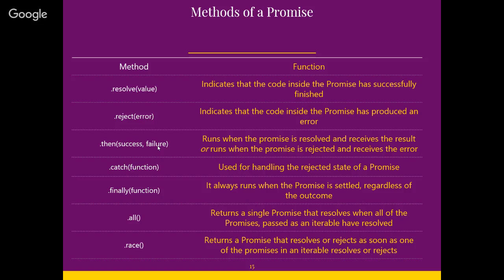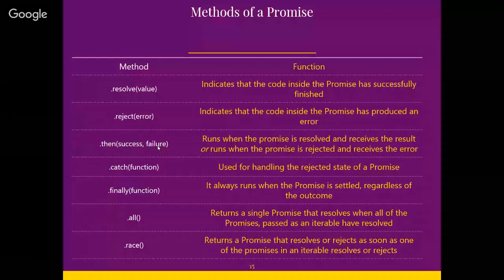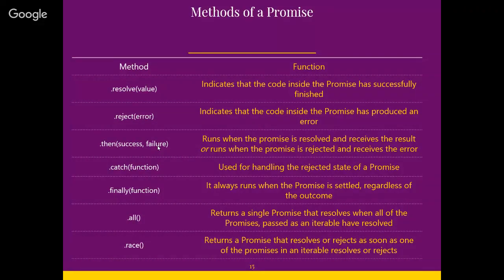The finally method is also part of the promise object's prototype, as you can see. Well, you can't see, but I just said it. So it also returns a promise, and we must also provide it with a callback that runs regardless of the state of the promise as long as it's not pending. If the promise is pending, the finally function will not run.